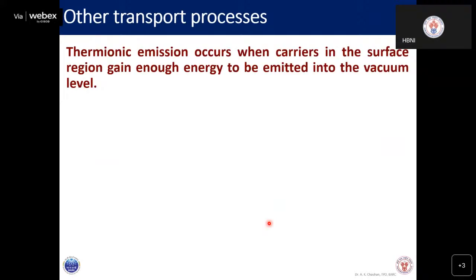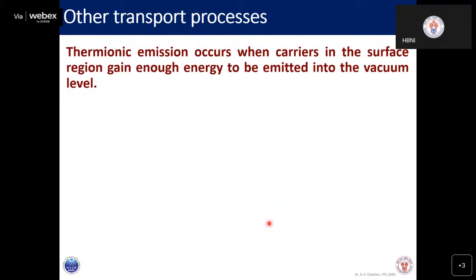We have drift and diffusion as the very common transport processes. In addition to this, we have other transport processes also. Number one is thermionic emission. It happens when carriers at the surface of your substance gain enough energy and are emitted out of the surface.